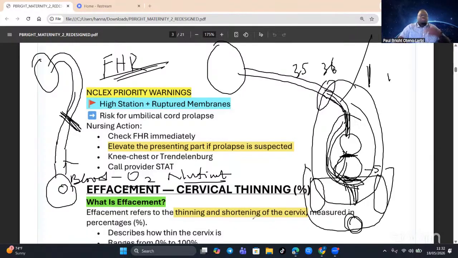What can you do? Sometimes or most of the time, we elevate the presenting part. The presenting part, the head that is compressing on this, elevate it. Okay. One of you, the colleagues, can wear surgical glove. Push your hands here.